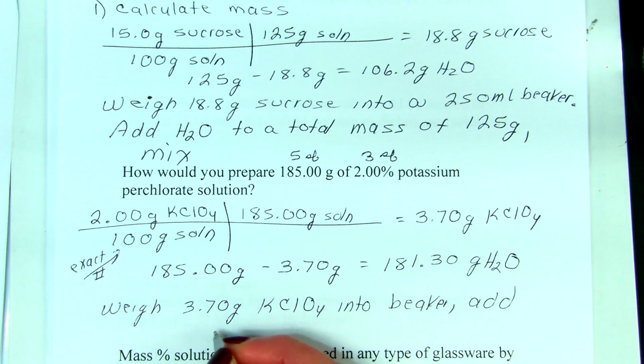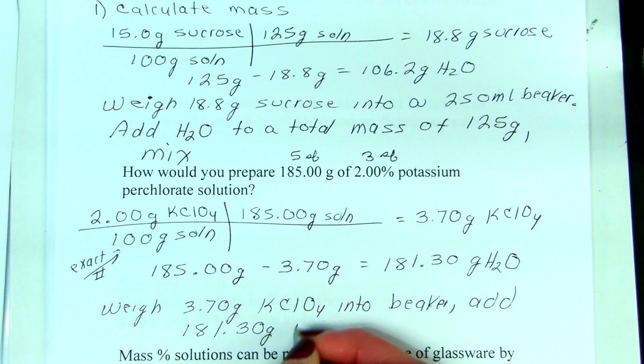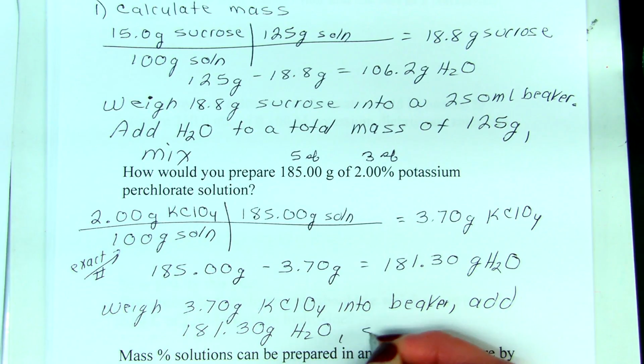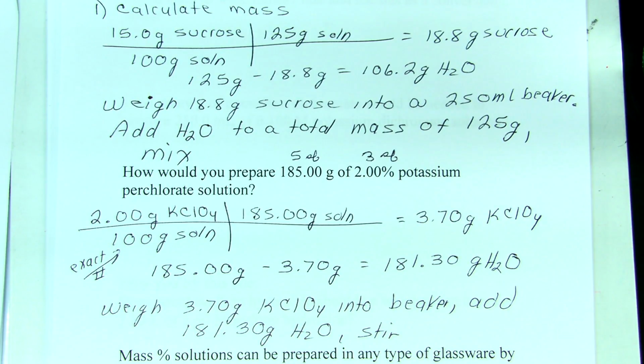Then we add 181.30 grams of water and stir. We could just add water until we get a total mass of 185 also.